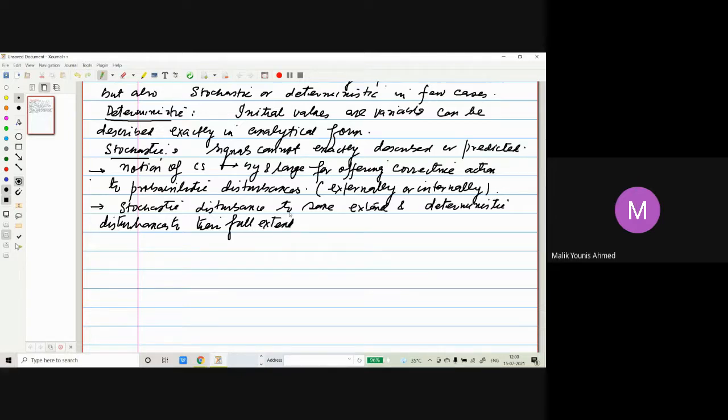Okay. Deterministic disturbances to their full extent can be compensated or corrected during the design of the control system itself.